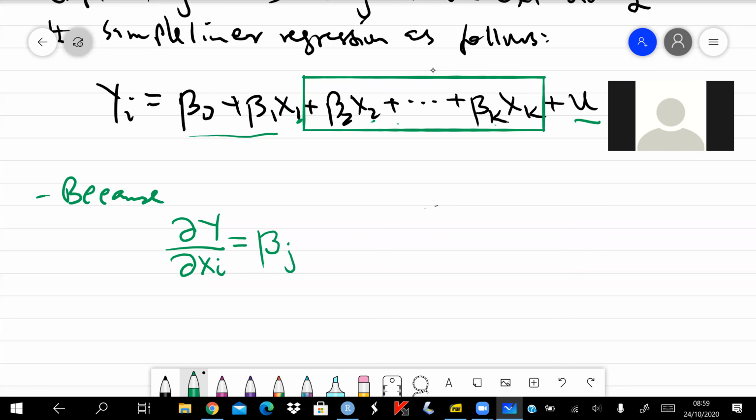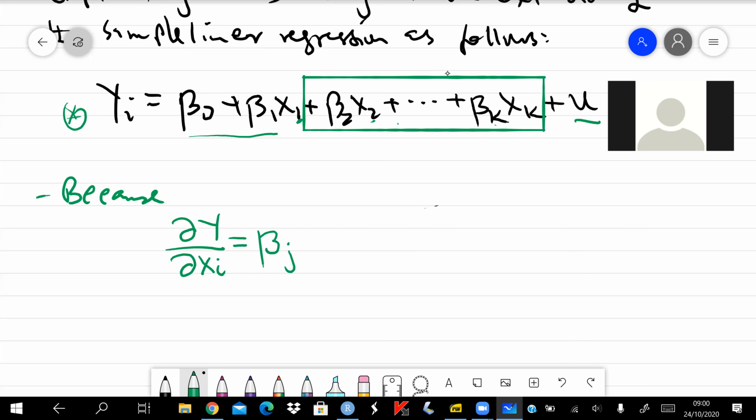So for instance, if you differentiate with respect to x1, it means that you are going to hold all the others constant. You'll assume x2, x3, all the way to xk are just constants, so their derivatives will go to 0, and the change in y with respect to x1 will just be beta 1.